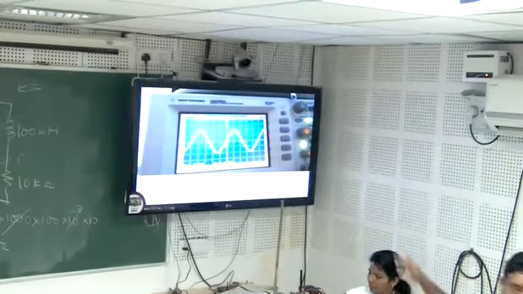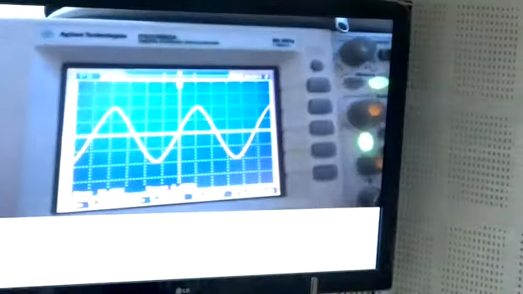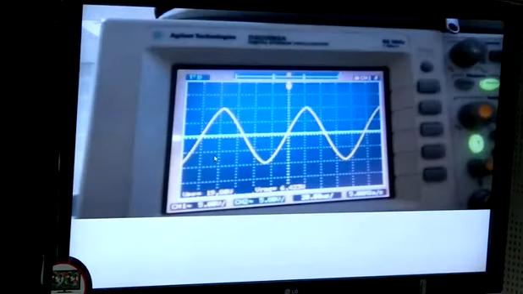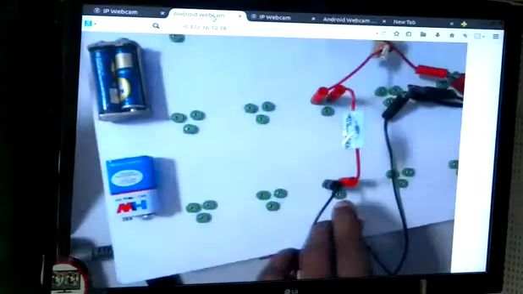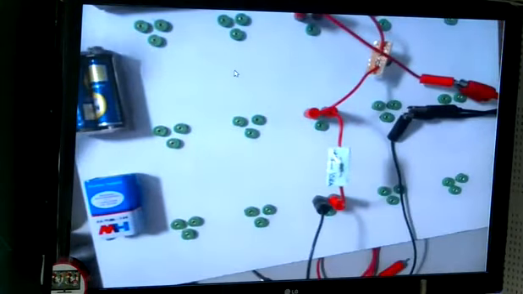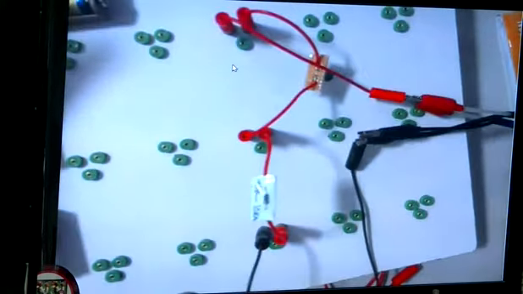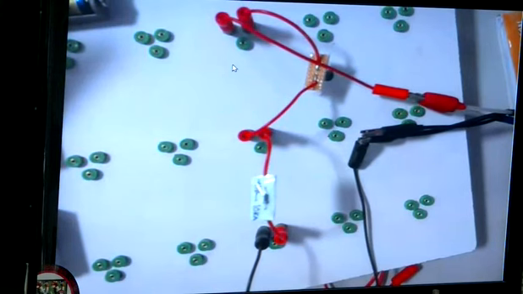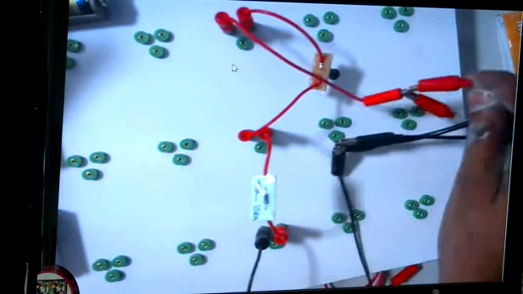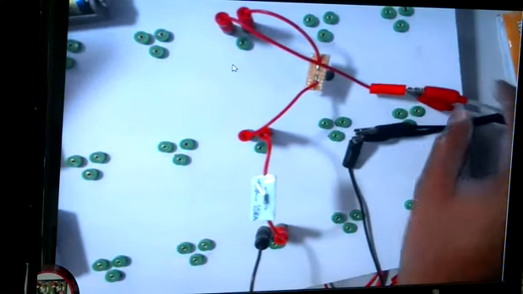We'll just totally focus on the screen here. Let's look at the circuit first. So we are connected. On the right side you can see the red and the black wire.